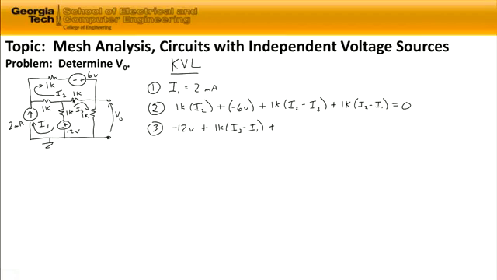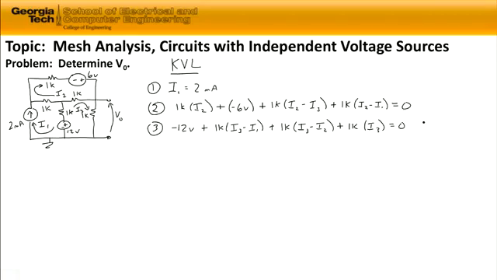It's going to be 1K times I3 minus I2 for the voltage drop across that resistor. Continuing, we have one more resistor before we get to the end of our closed loop. It's a 1 kilo ohm resistor, so the voltage drop is 1K times I3. So there's our third equation, which also has I1, I2, and I3 as unknowns in it.